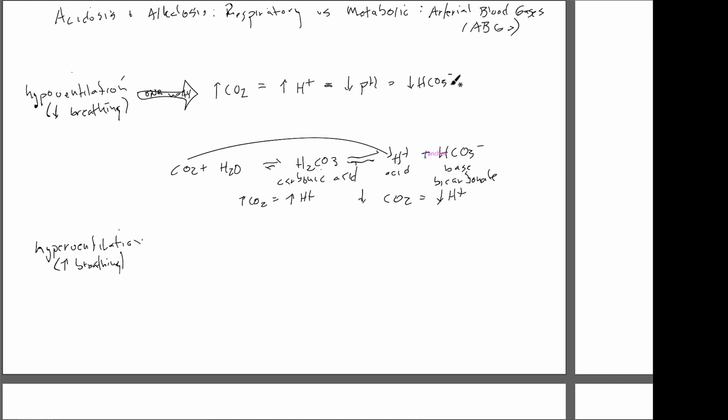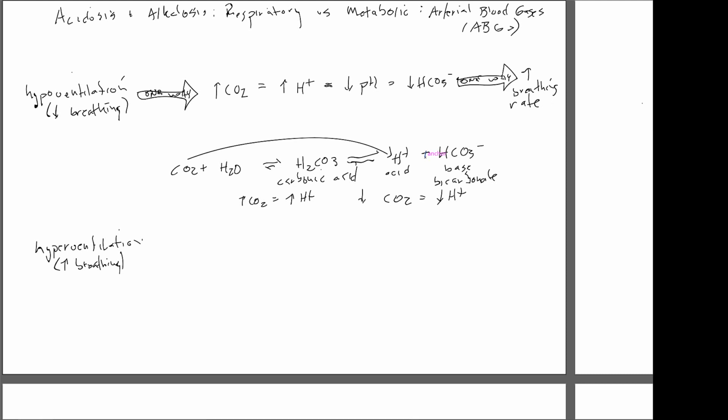And then we need another one-way sign. And again, this will become clear in a second. And then what that will do is cause an increased breathing rate. You're going to breathe faster.